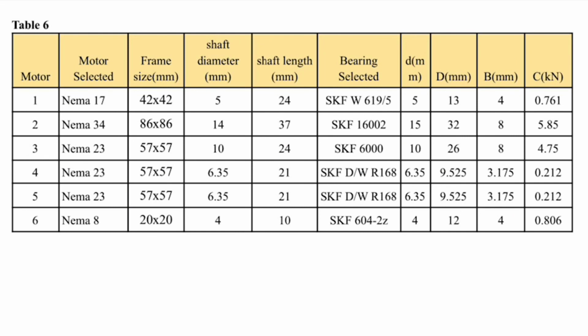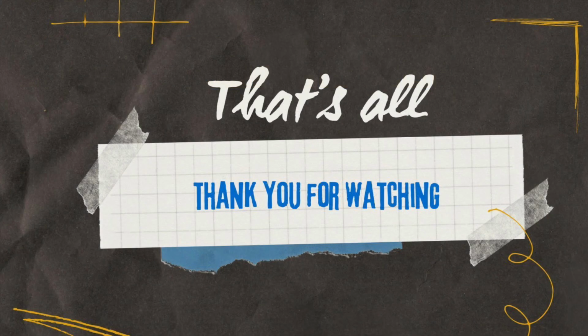Table 6 is the conclusion of the bearing selection. The table says that motor 1 uses the NEMA 17 motor with the frame size 42 by 42, and has the shaft. And that's all of the Final Project Robot Arm Design.